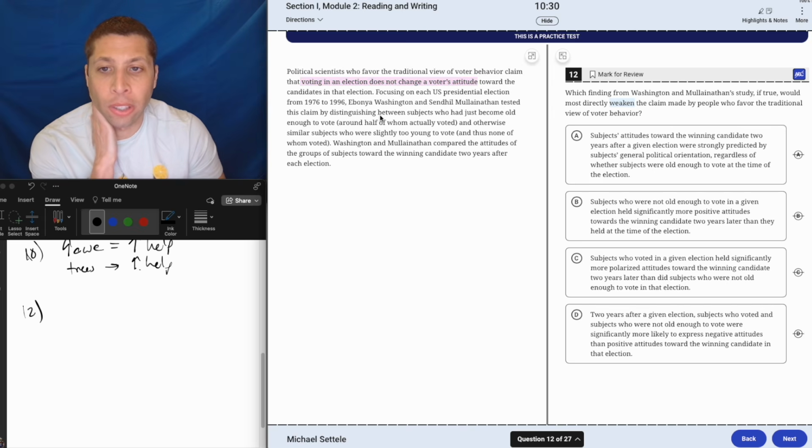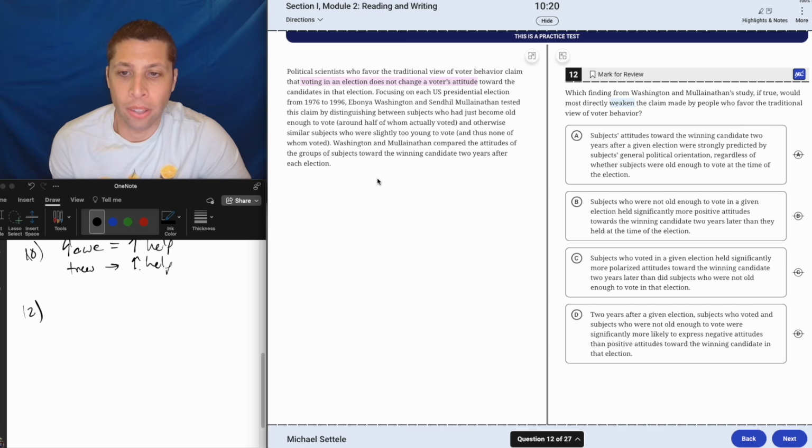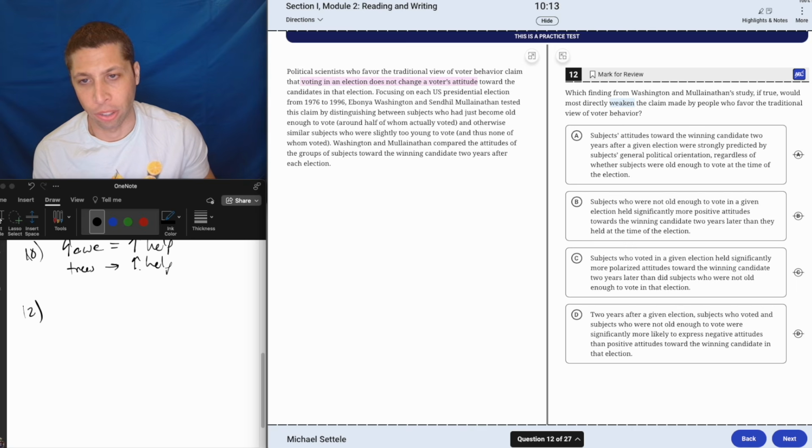Focusing on each U.S. presidential election, these people tested this claim by distinguishing between subjects who had just become old enough to vote, around half of whom actually voted, and otherwise similar subjects who were slightly too young to vote, and thus none of whom voted. Okay, they compared the attitudes of the groups' subjects toward the winning candidate 2 years after the election.